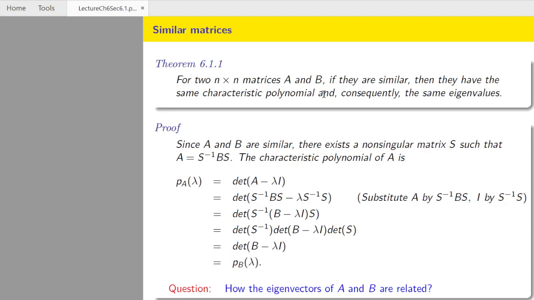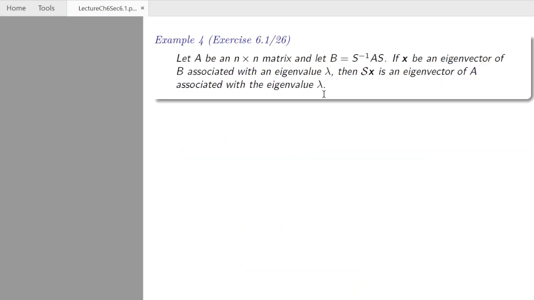Then the question is how the eigenvectors of these two similar matrices A and B are related. For this, let's look at exercise 6.1, question 26.